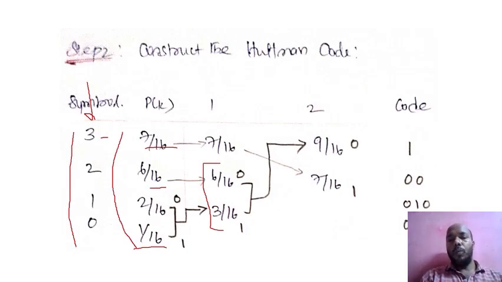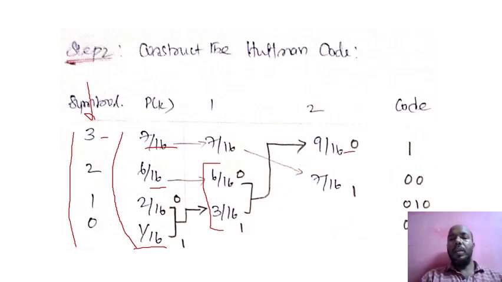This compound symbol goes to the top with 9 by 16 and the existing symbol is 7 by 16. Finally we got two symbols, because we have to continue this summation of the least two symbols until we get two symbols at the end. So now 9 by 16 I assign 0, and 7 by 16 I assign 1.